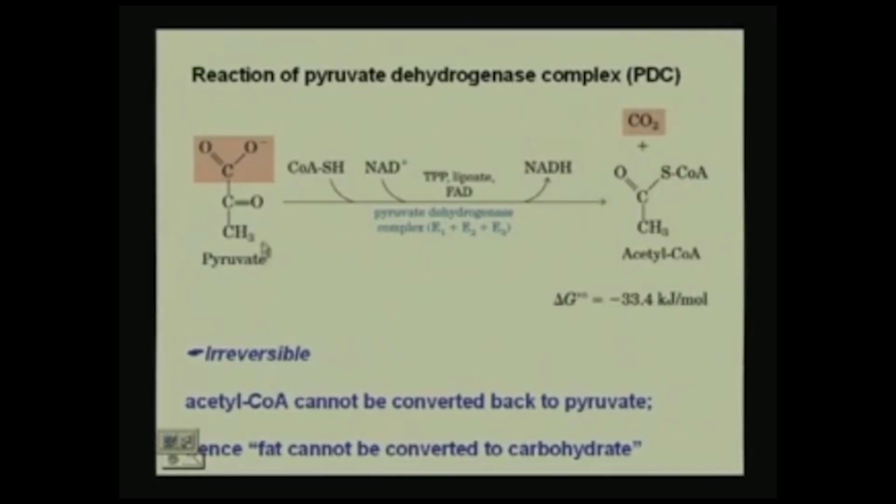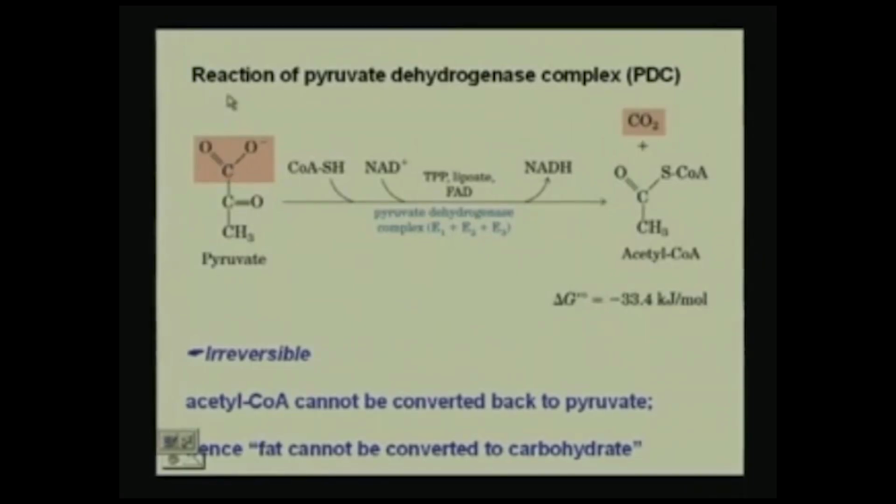Now, once acetyl-CoA is formed, it does not get back to pyruvate, which makes this reaction irreversible, and which means basically that fat actually cannot be converted to carbohydrate, because even though you get to the same acetyl-CoA, because fat breakdown will also get you to acetyl-CoA, since acetyl-CoA cannot get back to pyruvate, you cannot get back to glucose, because pyruvate can go back to glucose in which process?